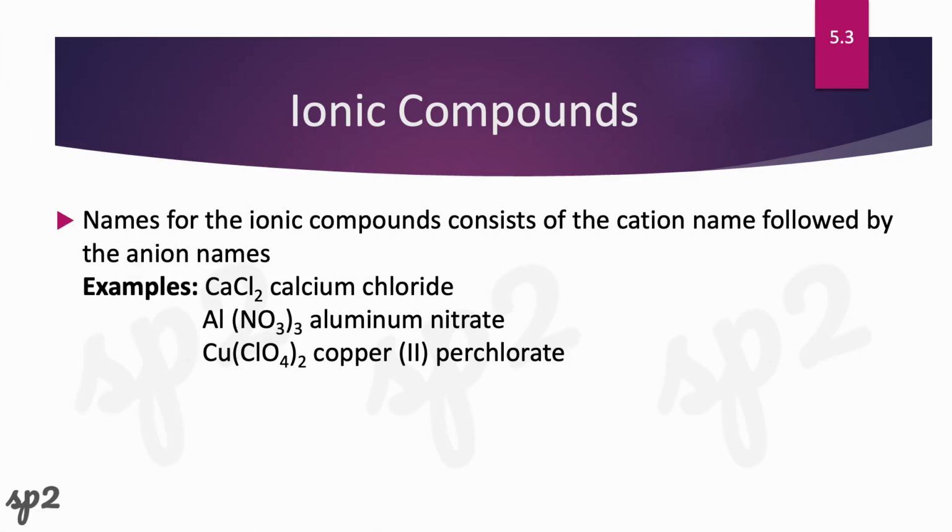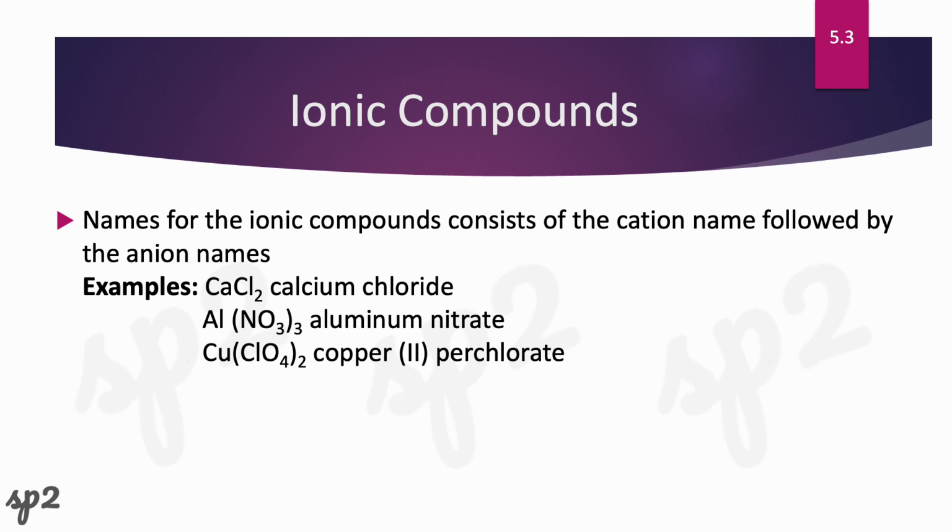Let's take a look at how we can name the ionic compounds. Now we have both the cations and the anions, and we'll try to systematically name them. The names for the ionic compounds consist of the cation name followed by the anion name. So we always have the cation come first. Looking at the first example, I have calcium chloride.